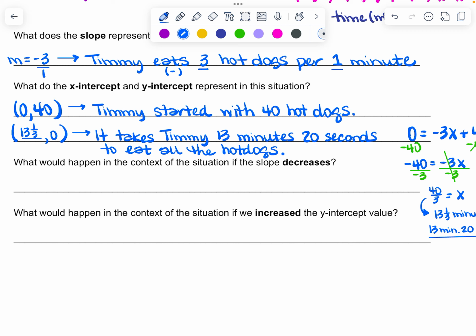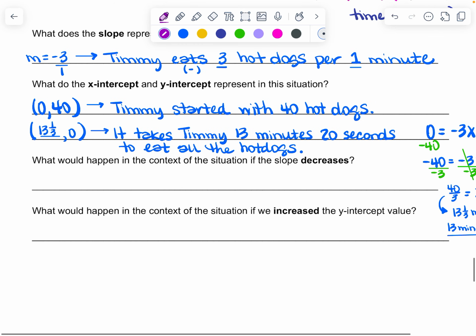Or you could say to have 0 hot dogs left, if you want to throw the 0 in the mix. All right, that one's kind of crazy because it doesn't divide out to a nice, pretty whole number, but that's okay. All right, what would happen in the context of the situation if the slope decreases?